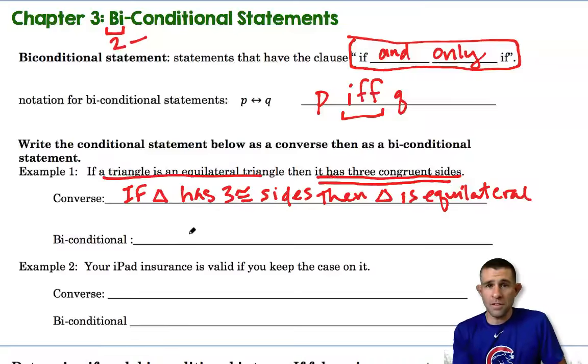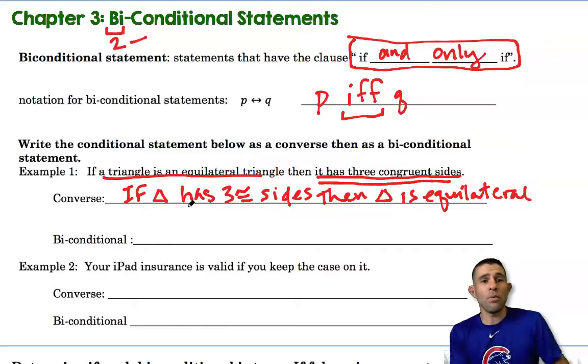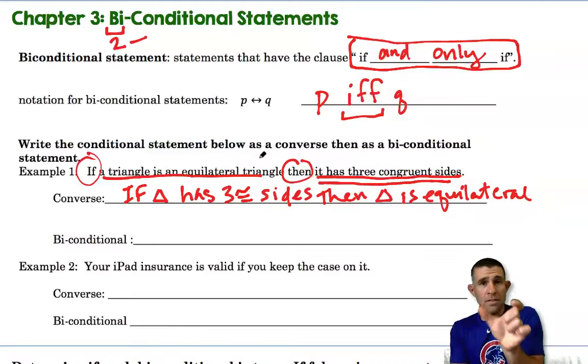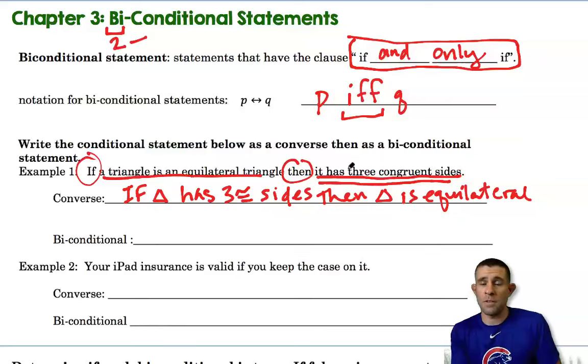Now the biconditional of that statement takes both the if and the then and removes them from the statement. And I'm going to write now a triangle is equilateral, and then I'm going to insert my if and only if clause in the middle of my two statements P and Q. So we'll start off by saying a triangle is equilateral.